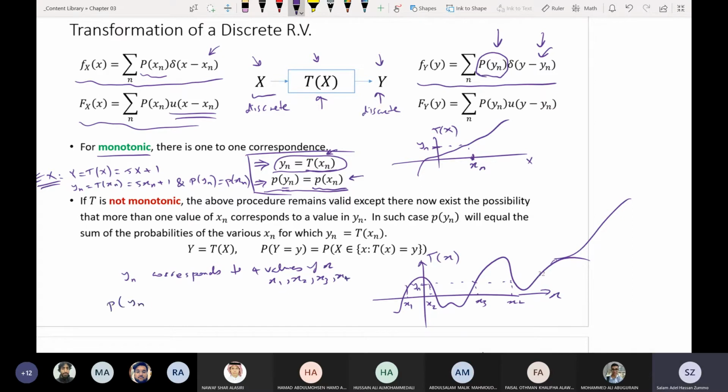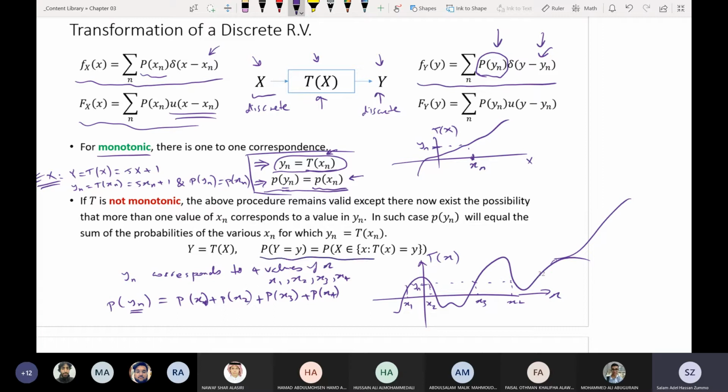And hence the probability of y_n equals what? Guys? The summation of all the probabilities for x1, x2, x3, x4. Exactly. Excellent. It's basically the probability of x1 plus the probability of x2 plus the probability of x3 plus the probability of x4. Why? Because the event that y equals y_n corresponds to the mutually exclusive events that x equals x1, x equals x2, x equals x3, and x equals x4.